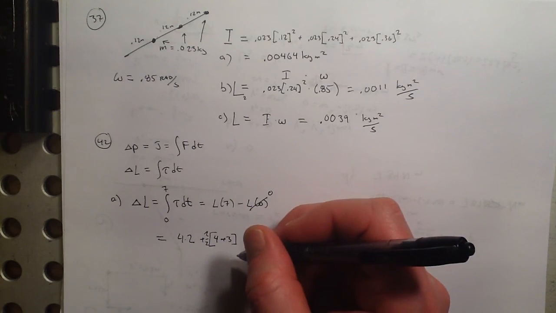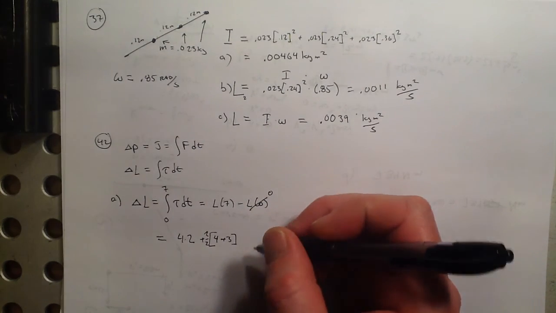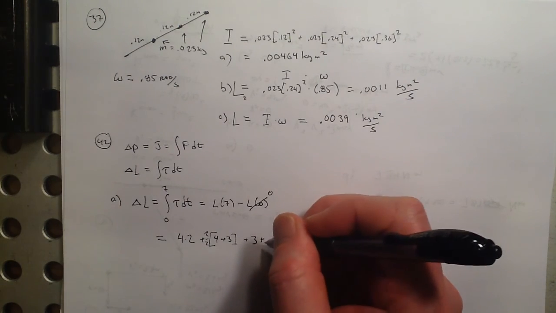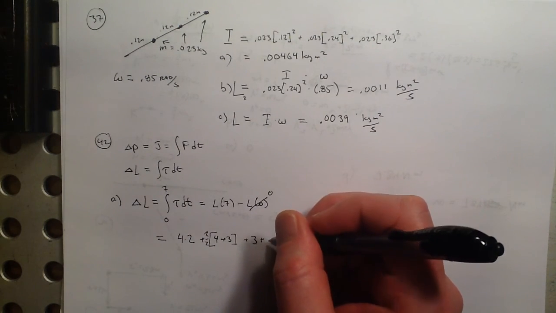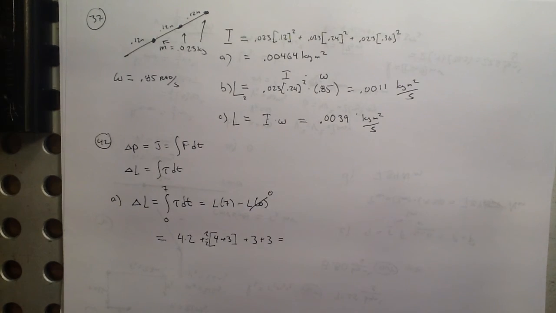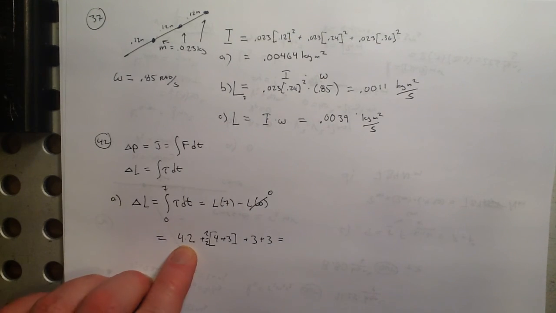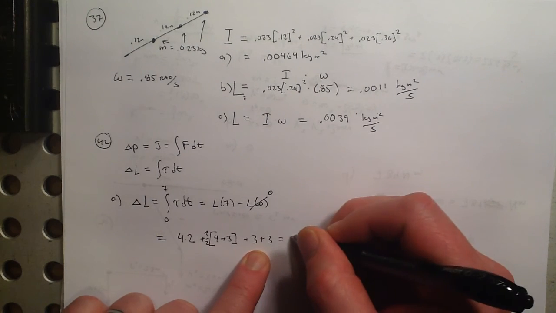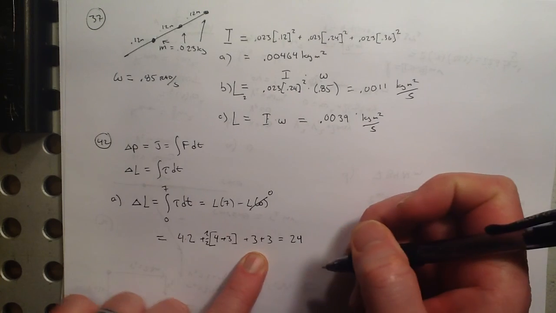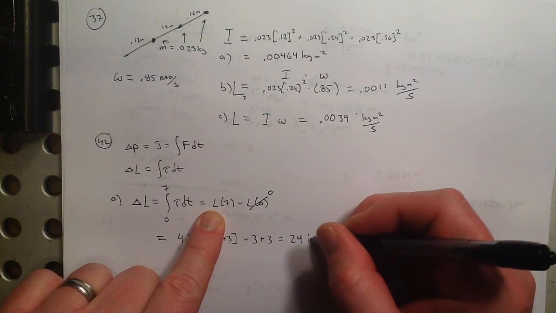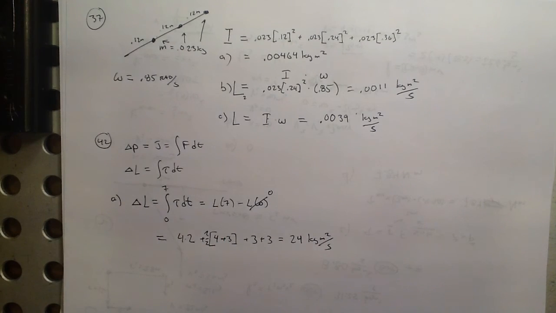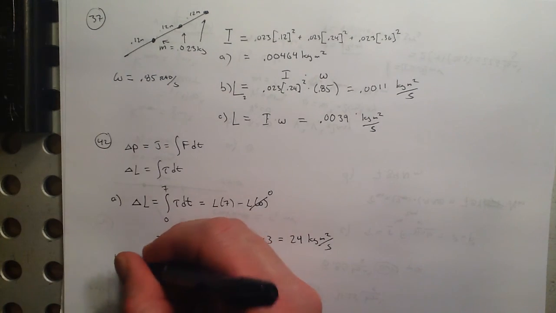That's the area of that little trapezoid. And I've got another rectangle that is 3 on the bottom by 3 high. All right, so that'd be 8 plus 7 is 15, plus 9 is 24. And we're talking about angular momentum here, so that's kilogram meters squared per second, just doing that by area.